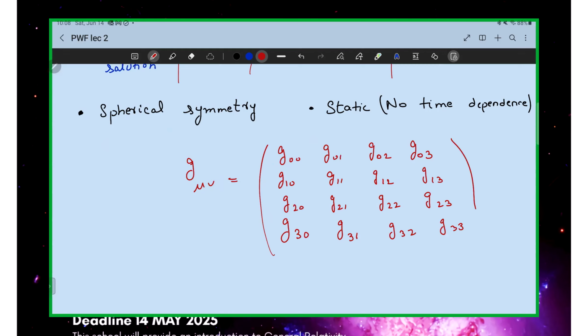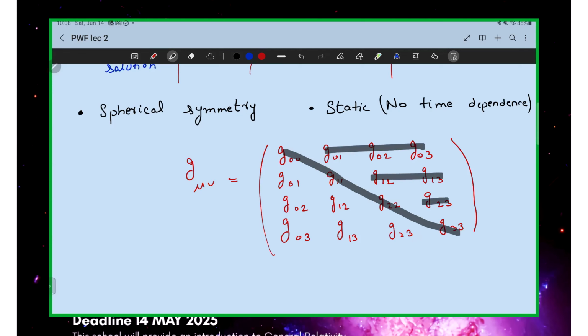Now you do know that the metric tensor is symmetric, which means that this 10 is just 01. So this is 02, 03. Similarly, 12, 13, 23. So there are 10 components. 4 of them are here, and these are the other 6. So these are the 10 components that we need to solve for, right?